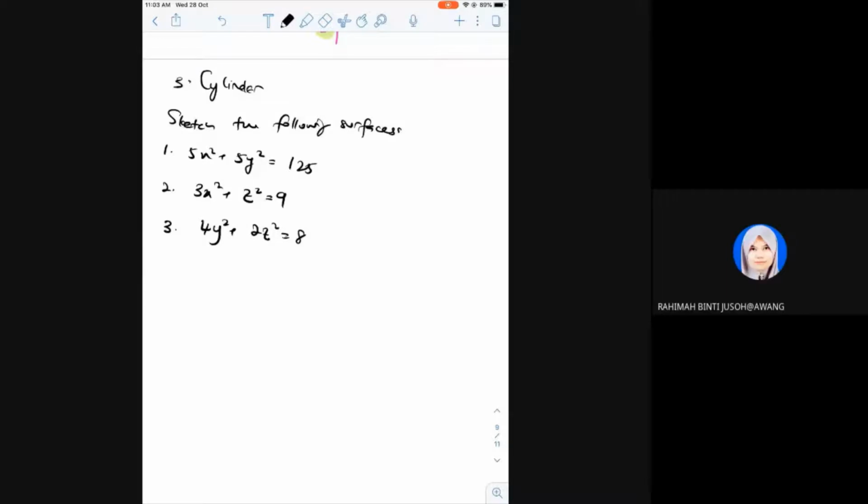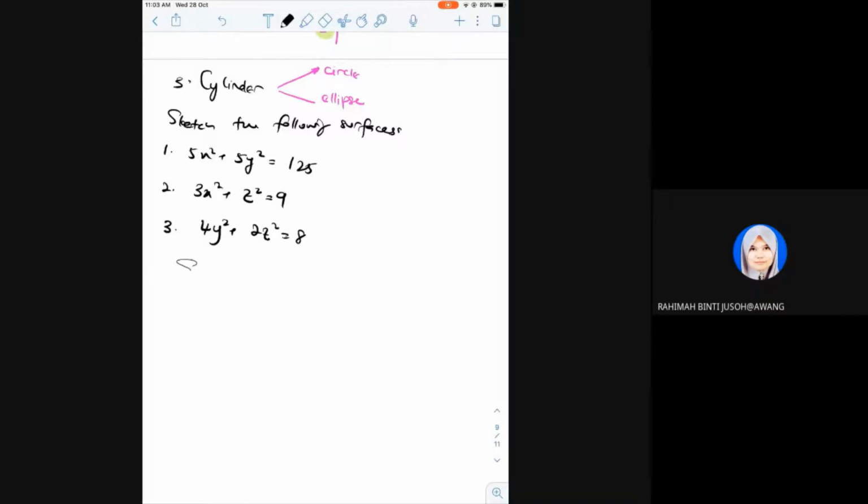Dia hanya ada 2 variable je. So basically guys, untuk cylinder, sekali imbas, you akan nampak equation tu membentuk macam bentuk circle ataupun ellipse. Okay? Sekali imbas, you tengok equation tu, oh dia macam circle dan ellipse. Confirm dia akan jadi cylinder. Alright, so let us solve question number 1 first.